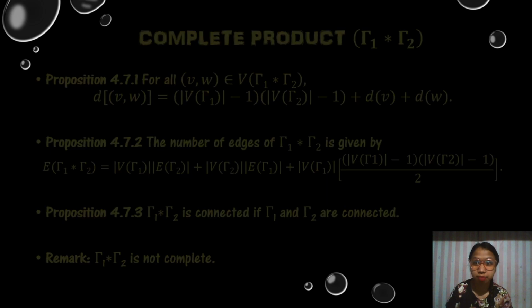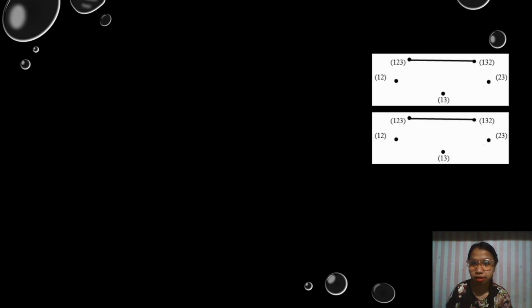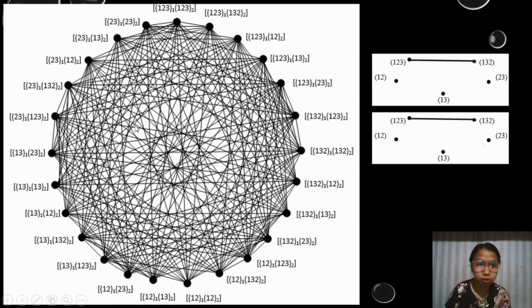So S sub 3 and S sub 4 is a lot to handle. So I just picked two commuting graphs of S sub 3. This results in this beautiful graph here.